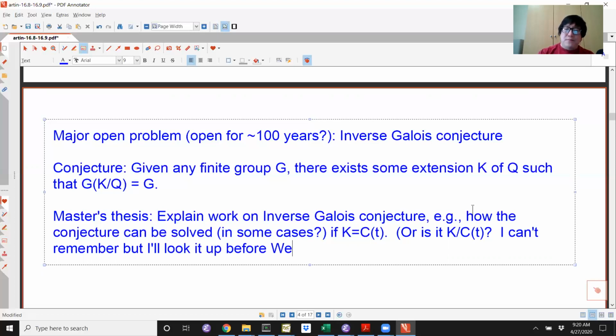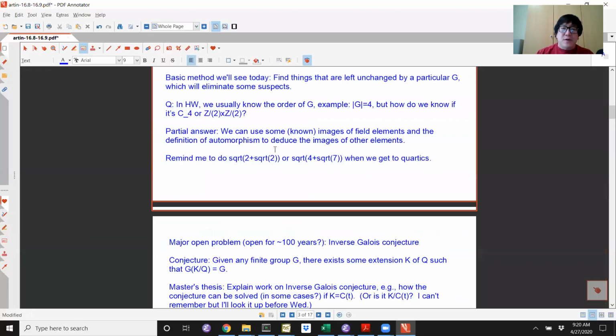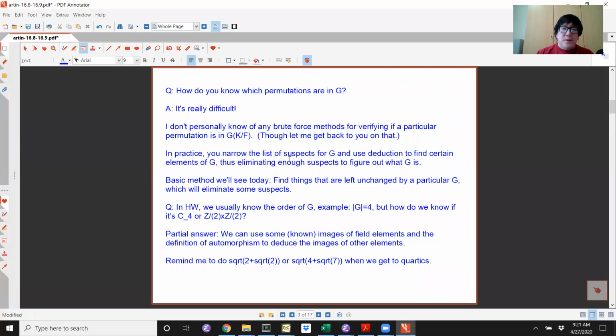Okay, so you guys have very good questions. Let me pull back and look at them. One excellent question was, if I have a particular permutation, how do I check if it's an automorphism in the Galois group? Well, that's not so easy.